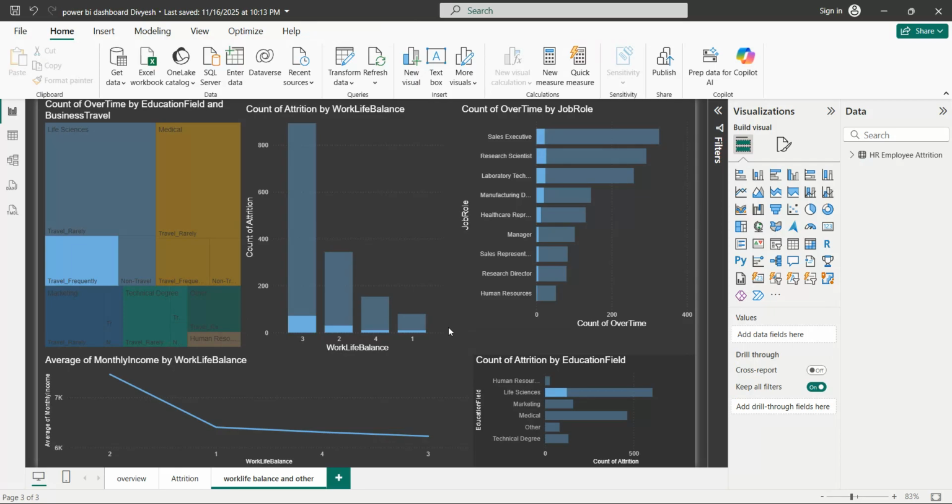So what are its observations? The work-life balance rating 3 has the highest attrition, over 900 employees, and the work-life balance rating 2 shows a moderate attrition, whereas work-life balance rating 4 and 1 show lower attrition numbers. So here 1 is bad, whereas 2 is good, 3 is better, and 4 is the best work-life balance. So what is its interpretation?